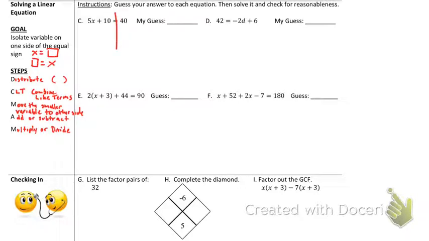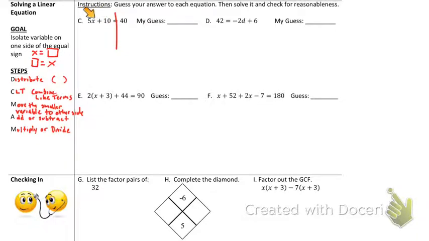So if you look here, I just want to combine like terms on the left side. So there are no like terms. Remember, like terms have to have the same variable to the same power. 5x is not the same like term as 10. 10 is a constant. Okay?